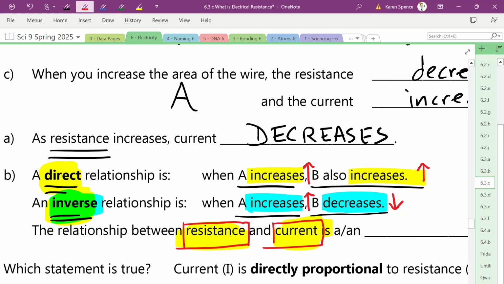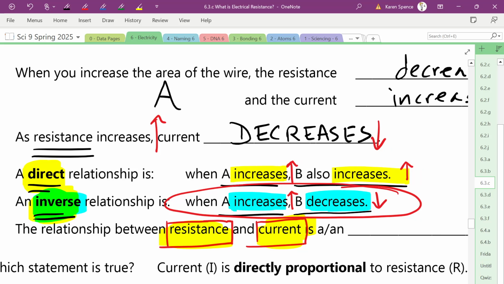Inverse, because as resistance increases, the current decreases, and that's what's happening in an inverse relationship.